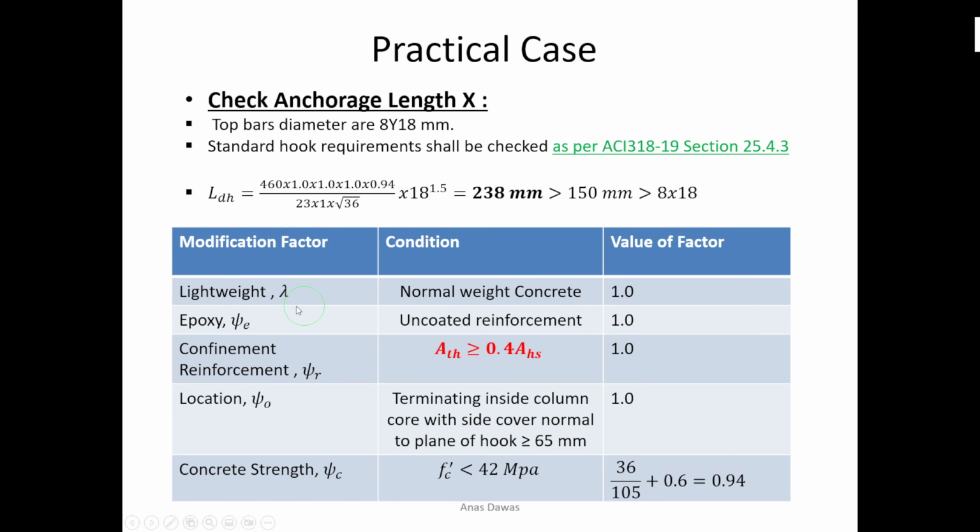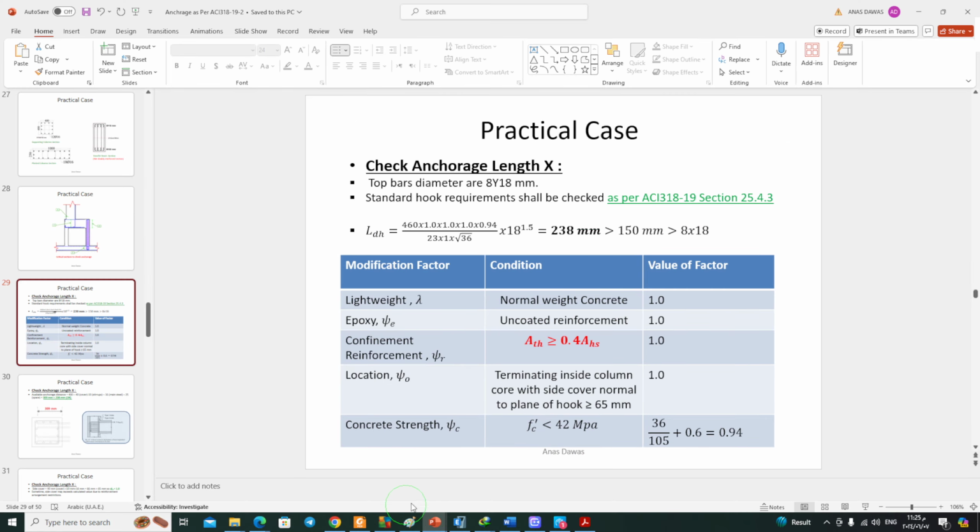For lightweight concrete, the factor will be 1. I don't have epoxy in my case, so the epoxy factor will also be 1. For confinement reinforcement, I assumed 1, but I have to check if I can satisfy the condition, otherwise it should be 1.6. Also the location factor: I assumed 1 because I will check if I can satisfy the condition to terminate the bars inside the column core with side normal cover more than or equal to 65 millimeter.